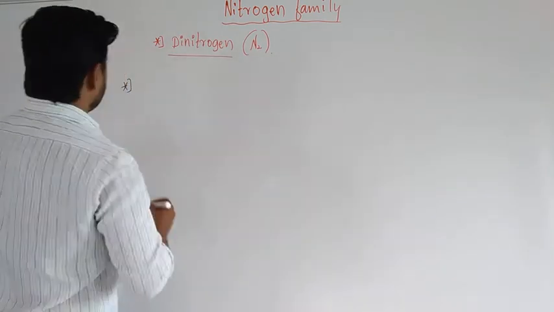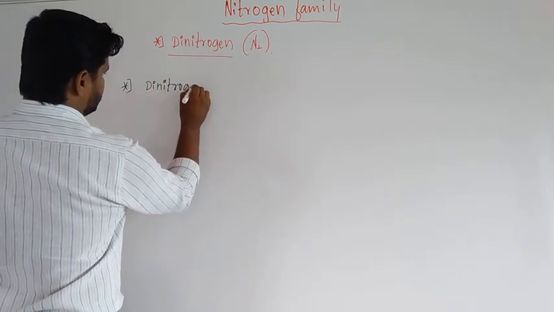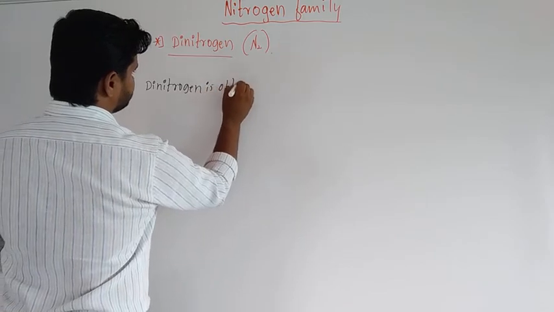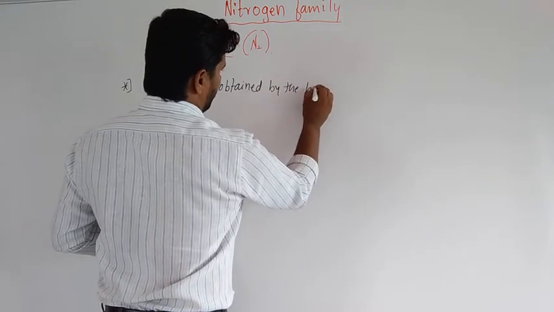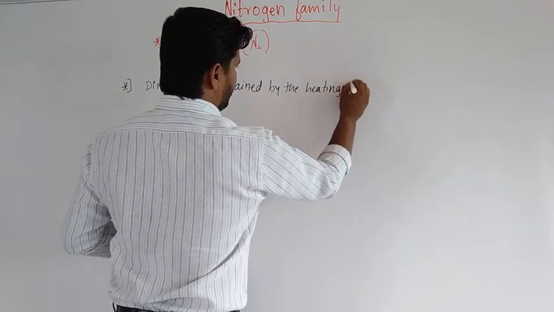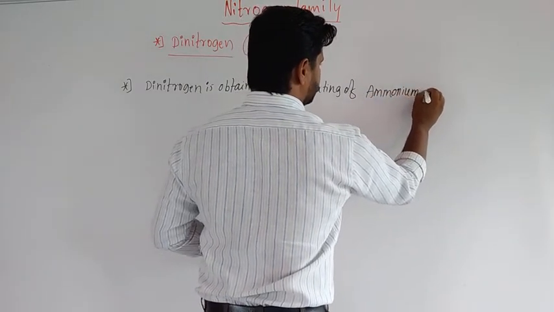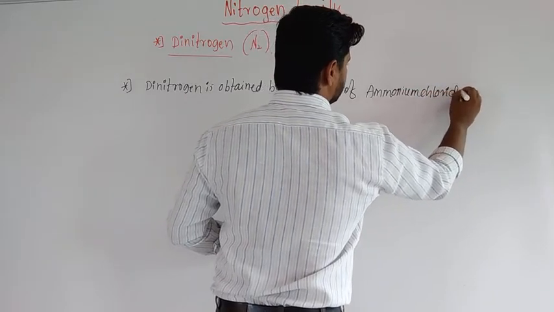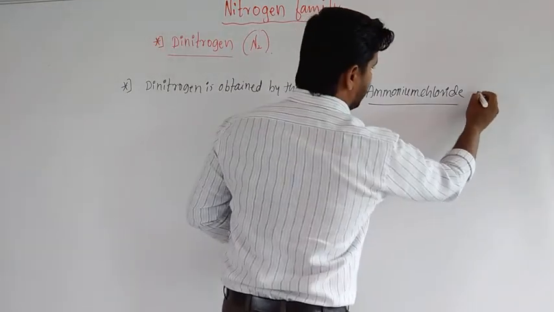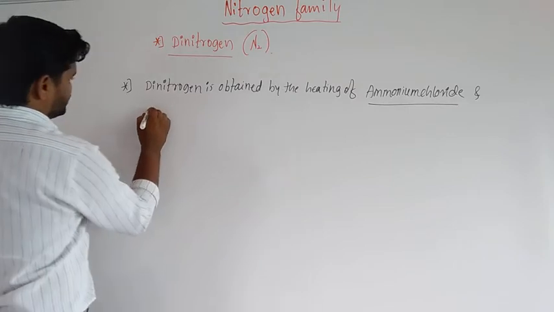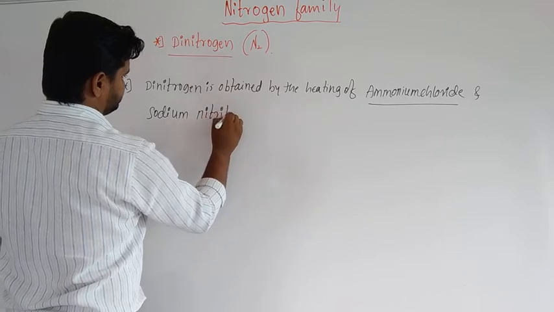In that, first one, dinitrogen is obtained by the heating of ammonium chloride and sodium nitrite.